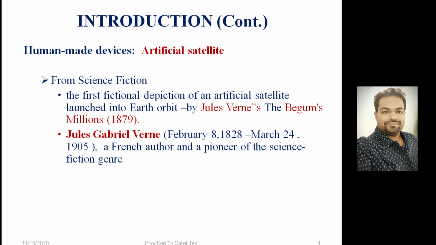He clearly wrote about the launching of a satellite into Earth orbit in that novel. Jules Gabriel Verne was a French author and a pioneer of the science fiction genre. Verne was noted for writing about cosmic, atmospheric, and underwater travel before air travel and submarines were commonplace and before practical means of space travel had been devised.